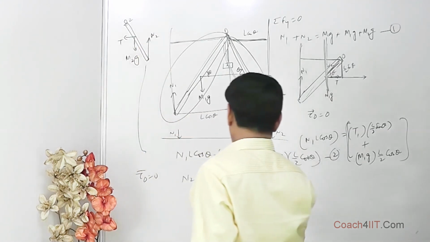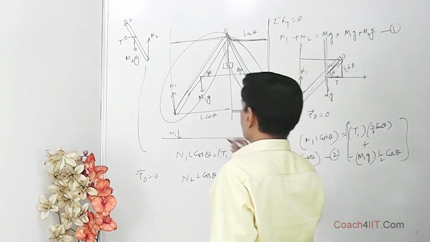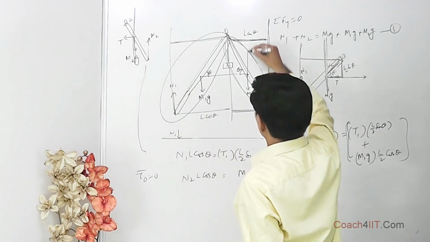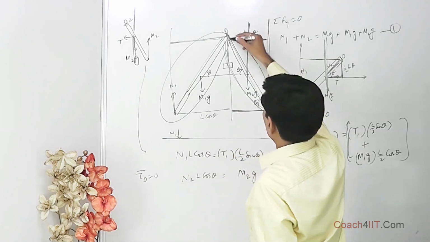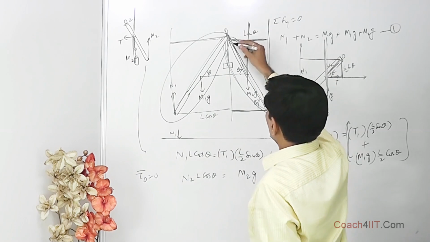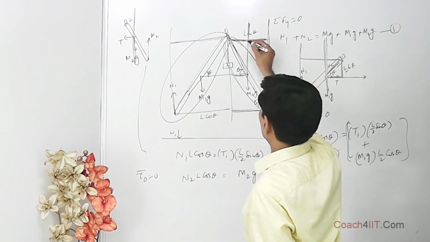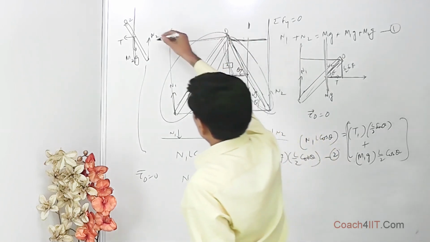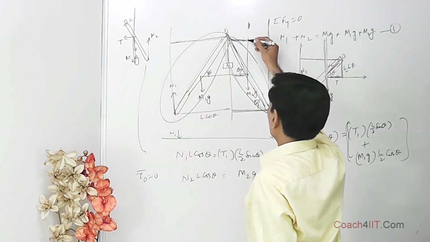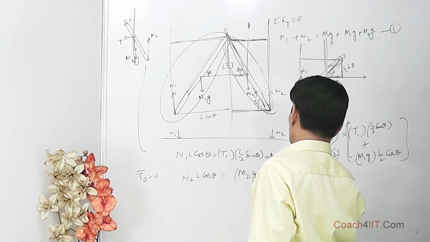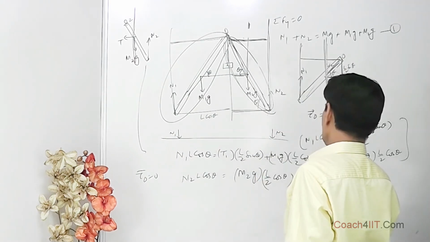So the torque of M2G is M2G force into perpendicular distance between line of force and axis of rotation. This is the line of force, this is L by 2, so this is L by 2 cos theta. From here to here is L by 2 cos theta. So this is L by 2 cos theta plus T.